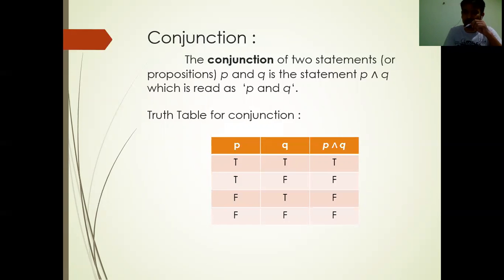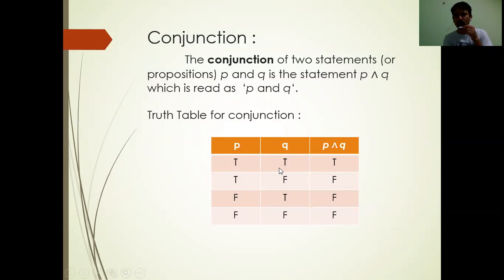So P and Q are any two statements. If I use the AND operator to combine these two statements, then if both P and Q are true, only then the conjunction is true. Why? Because when P is true and Q is true, only then P and Q is true. If P is true, Q is false, then the truth value of the conjunction is false.